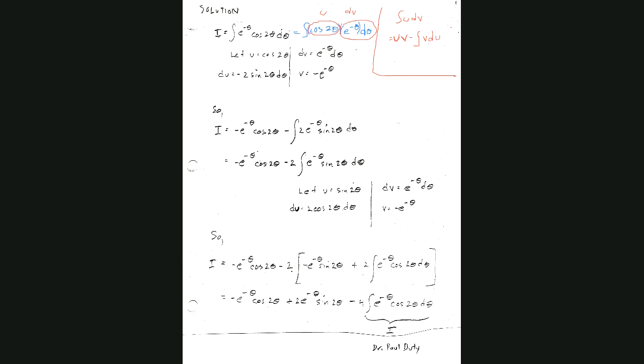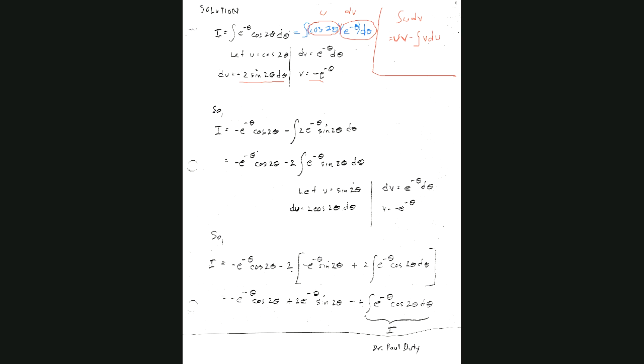So this time I'm leaving out a few details. If u equals cosine of 2 theta, du is going to be negative 2 sine of 2 theta d theta. And if dv is e to the negative theta d theta, then v will be negative e to the negative theta.